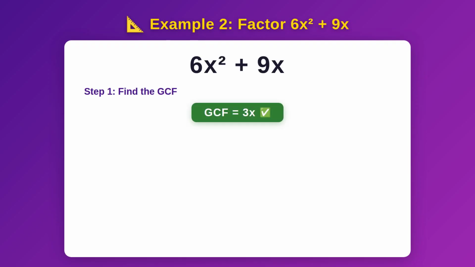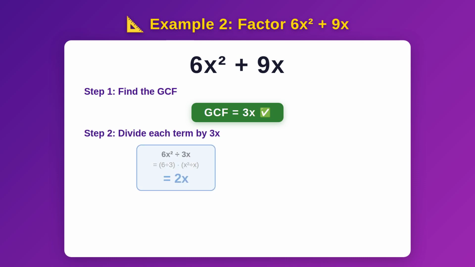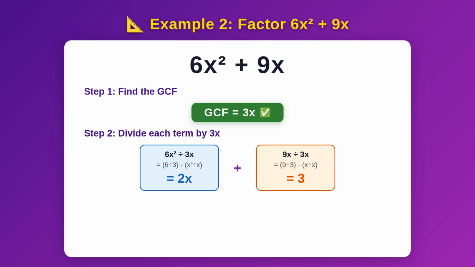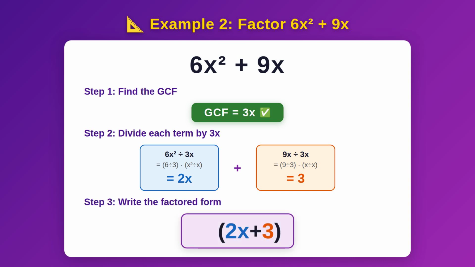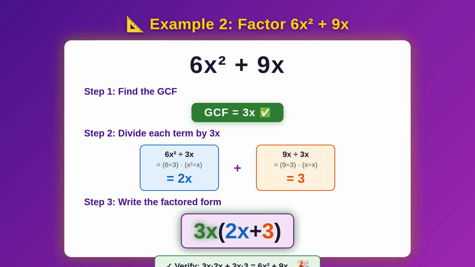Let's factor 6x squared plus 9x. Step 1, find the GCF. The GCF of 6 and 9 is 3. Both terms also share an x, so the GCF is 3x. Step 2, divide each term by 3x. 6x squared divided by 3x, the 6 divided by 3 is 2, and x squared divided by x is x, so that gives us 2x.